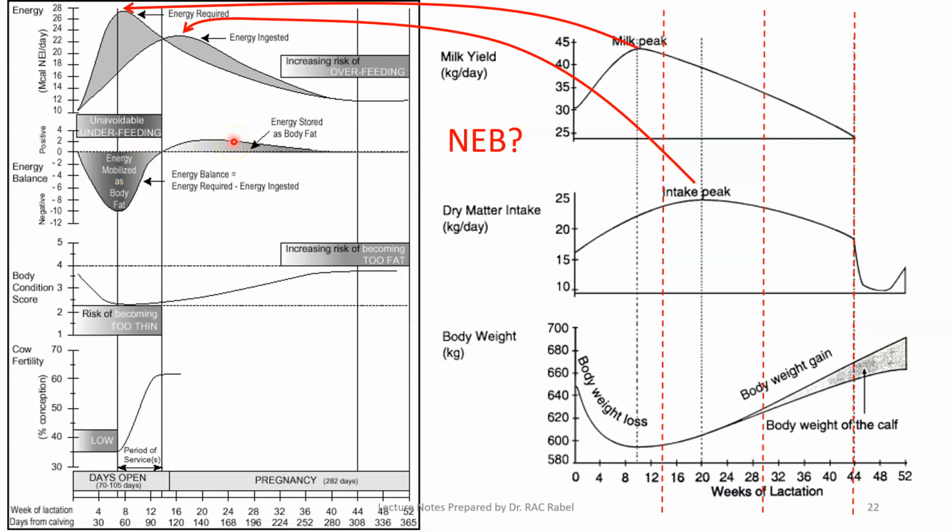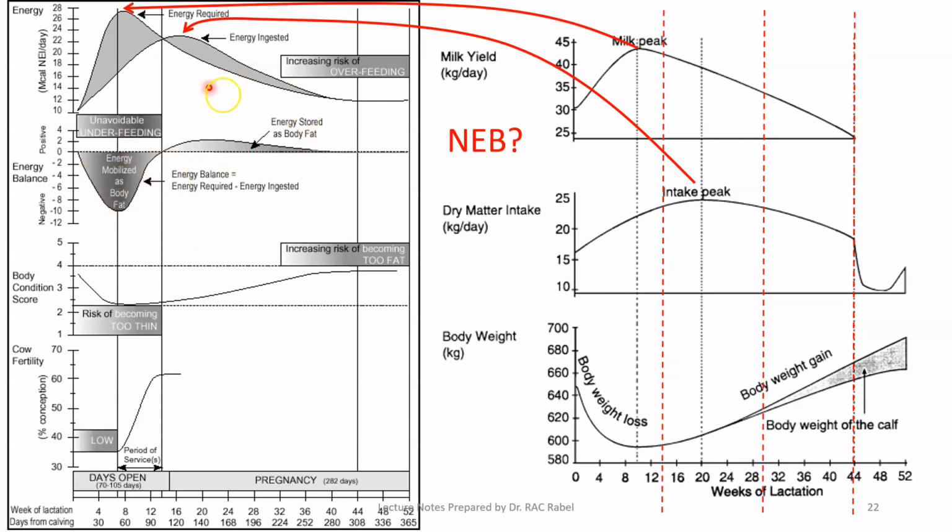Okay, I hope that is clear. So here the body stores were used for production of milk, but during mid and late lactation, the animal restores those depleted reserves and stores them as body fat for the next cycle. So during the next lactation, whatever was stored here will again be used up for production of milk.